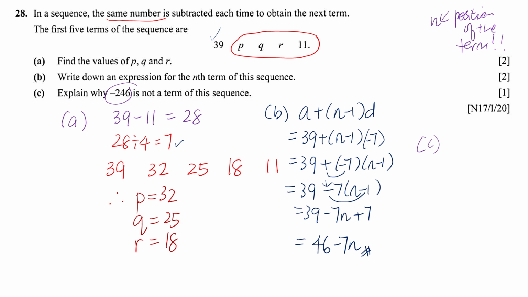So why is negative 246 not a term? We're going to equate this to negative 246 and see if we can get a positive integer for n.